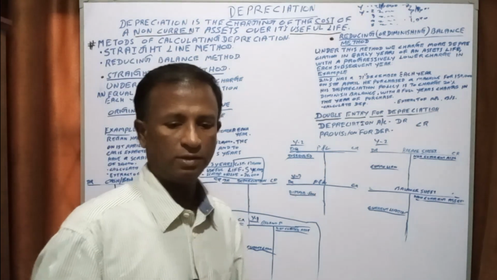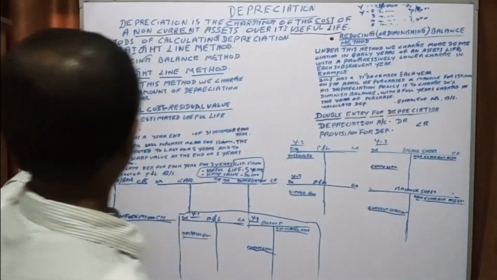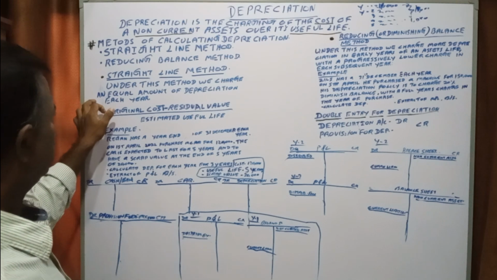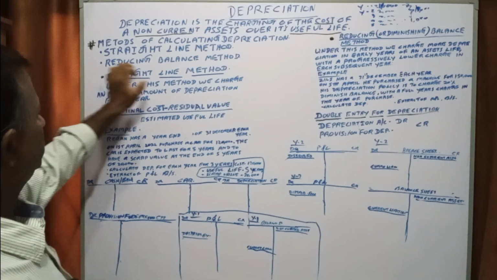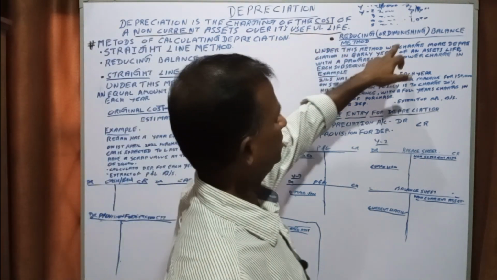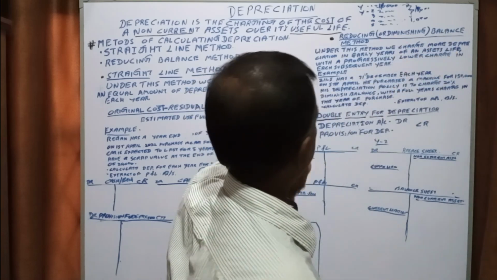Right, we come to the second method, the reducing or diminishing balance method.